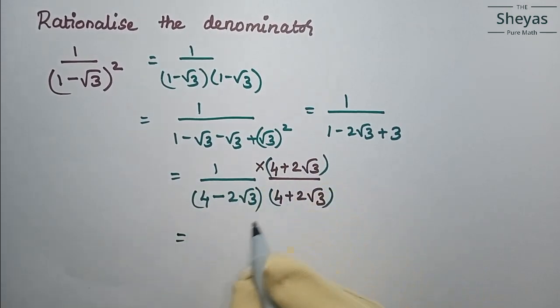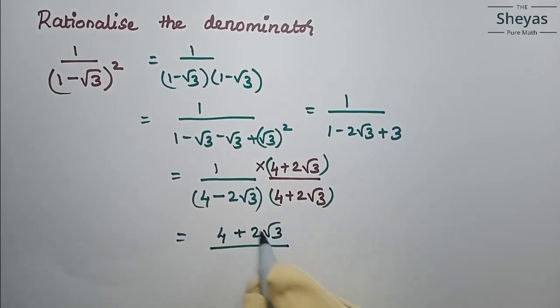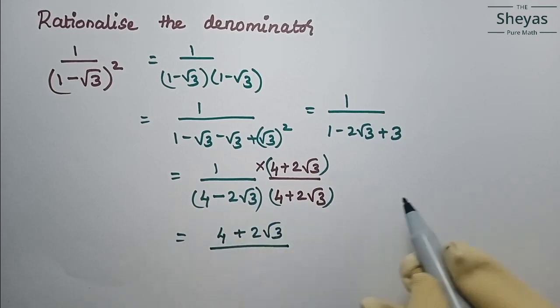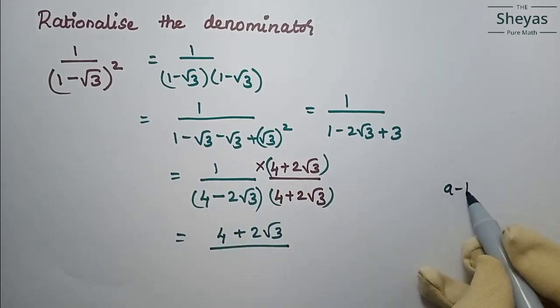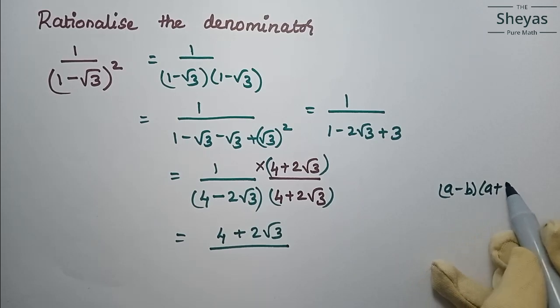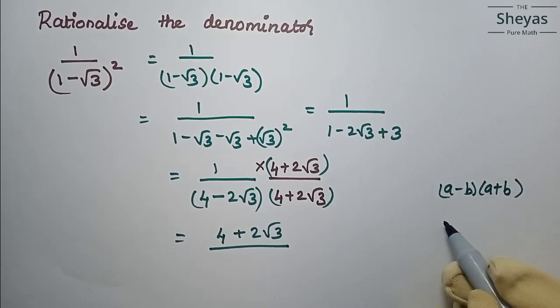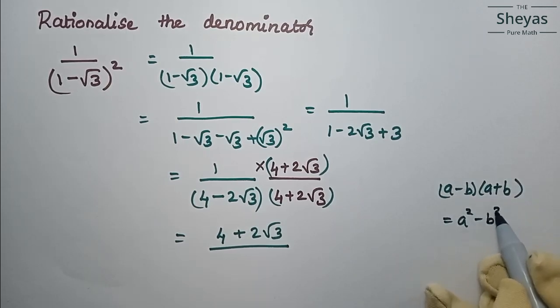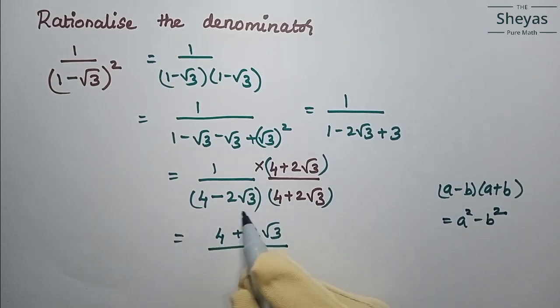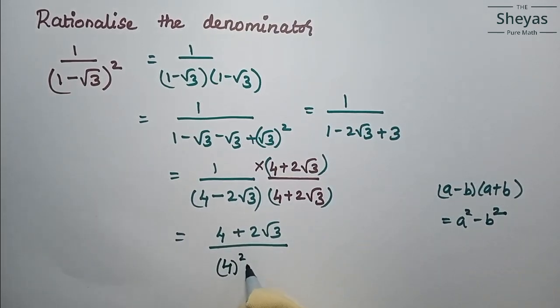So 1 into 4 is 4 and 1 into 2 root 3 is 2 root 3, by, now this is of the form a minus b into a plus b, which is equal to a square minus b square. So a is 4 and b is 2 root 3.